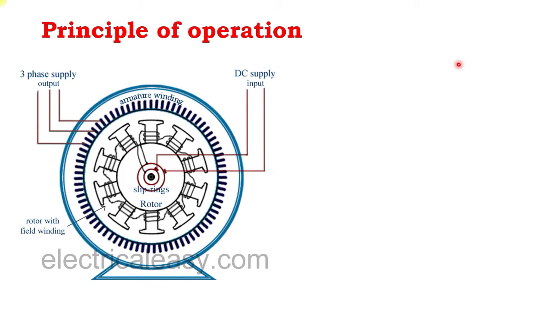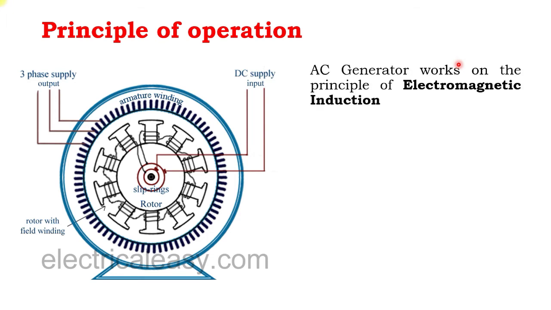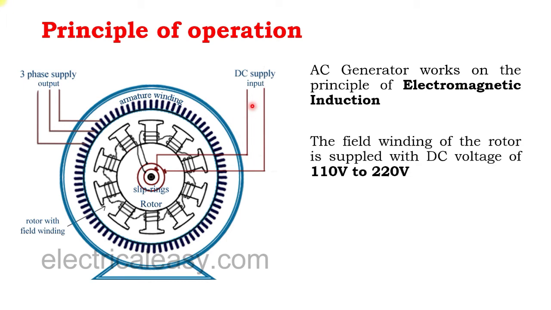Okay. Now see the principle of operation of the generator. Actually, the AC generator works on electromagnetic induction. We'll understand this concept a little bit here. When DC supply is connected, actually the range of the DC supply is 110 volts to 220 volts, it is connected to the field winding through carbon brushes.